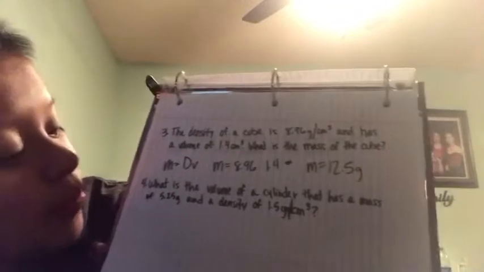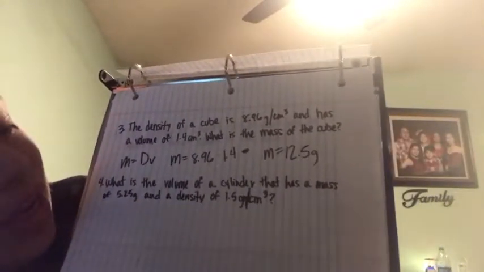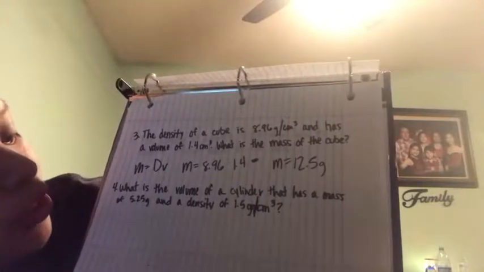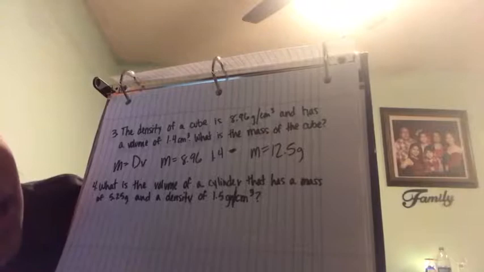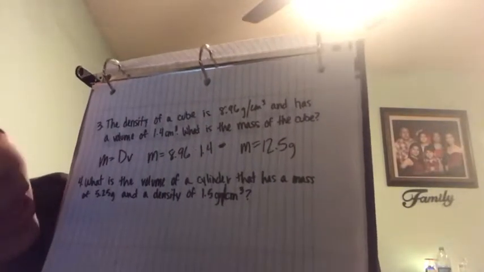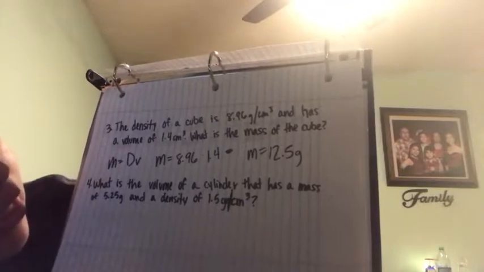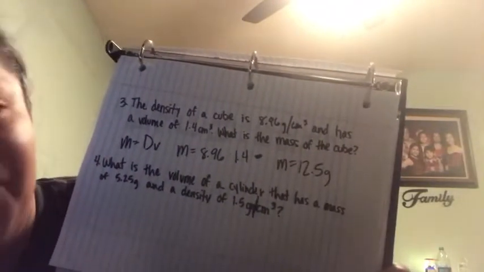Okay, number 4 says, what is the volume of a cylinder that has a mass of 5.25 grams and a density of 1.5 grams divided by centimeters cubed? So in the beginning it already says that we need to find the volume.